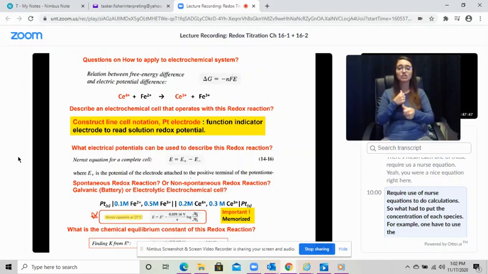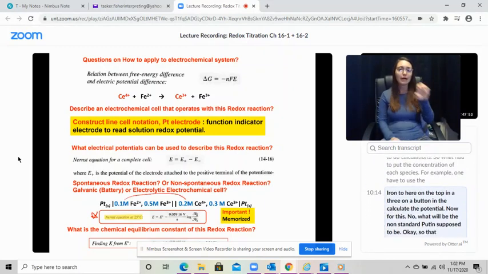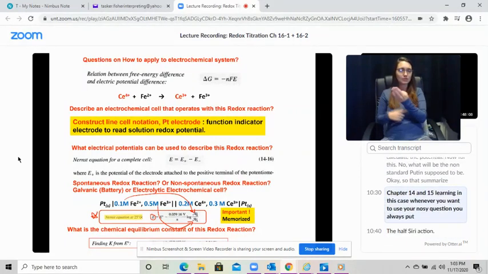For example, one has to use the iron 2+ on the top and the 3+ on the bottom, in order to calculate the potential for this anode. What would the non-standard potential be? Okay, so that summarizes chapter 14 and 15 learning in this case.